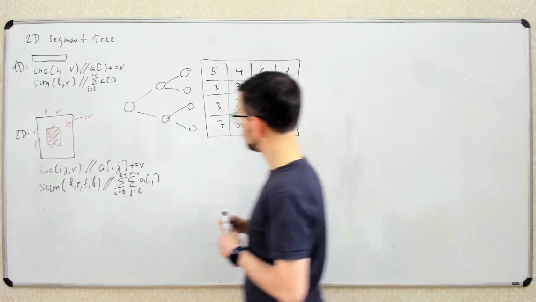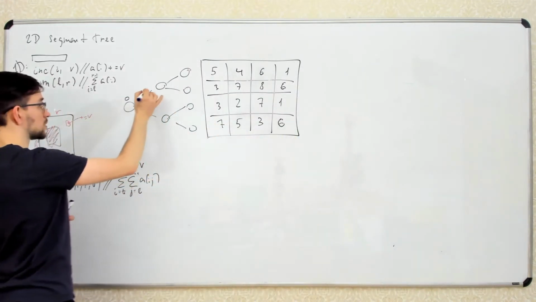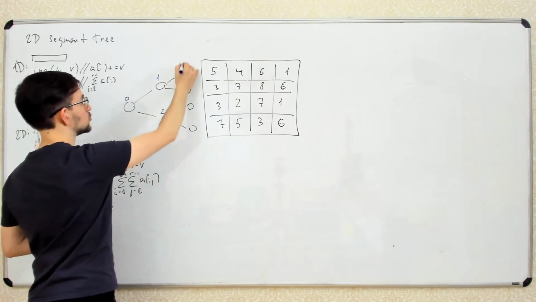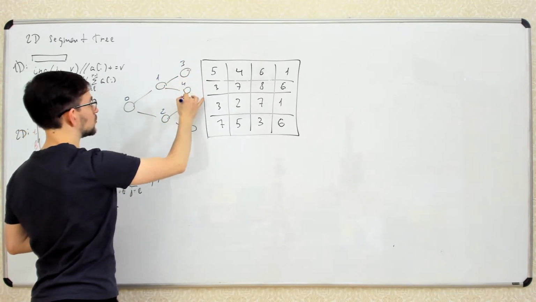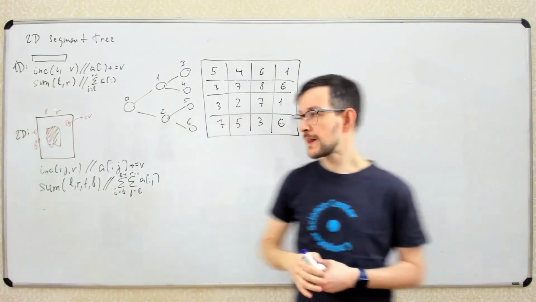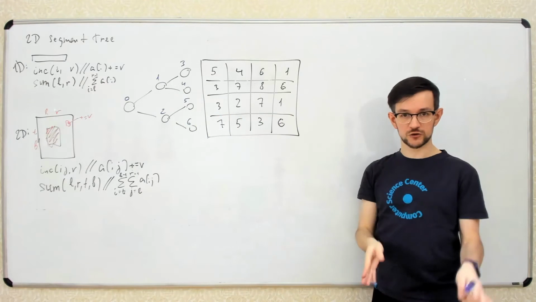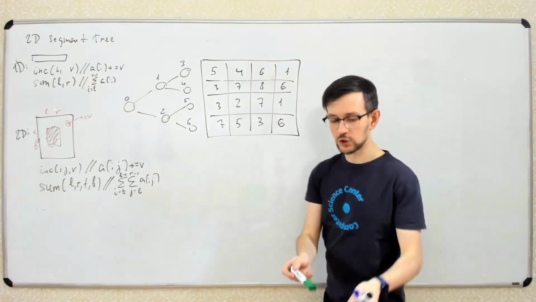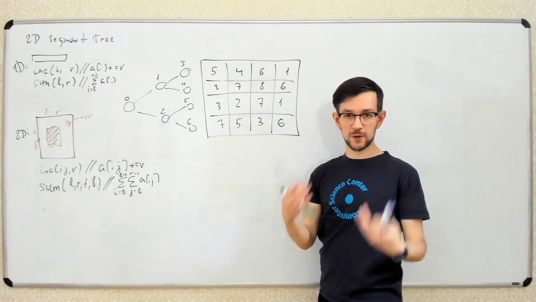So like before, let's have this index 0. Let's have this 1, 2, 3, 4, 5, and 6. So this is your first segment tree. Now let's see. Each element of the segment tree corresponds to some segment of your array.